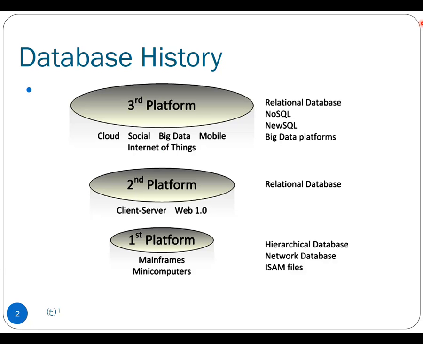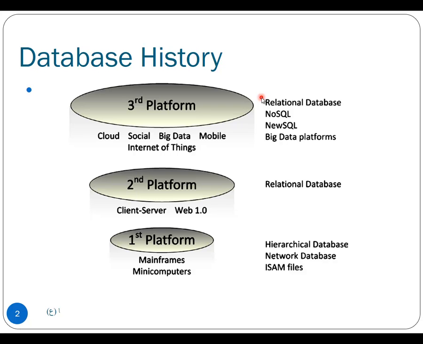And for this platform, which is the cloud, the social networks, the IoT, okay? For this platform, we have NoSQL databases, and still we can use the relational database. As we said, we can scale the relational database with some technologies, and we can use it.